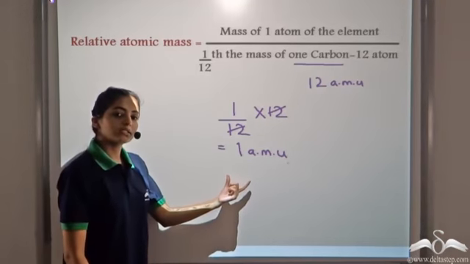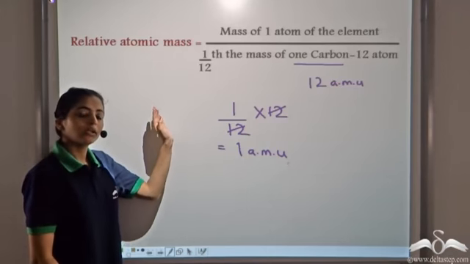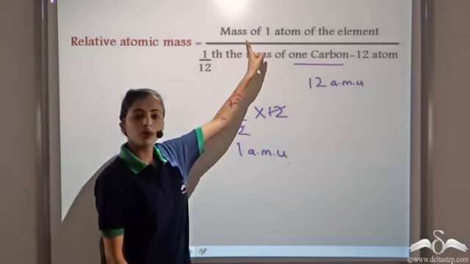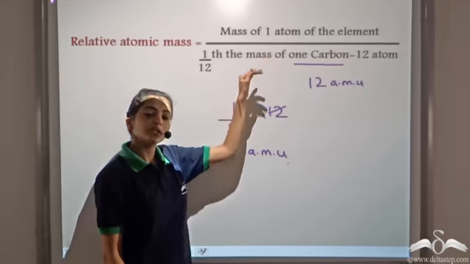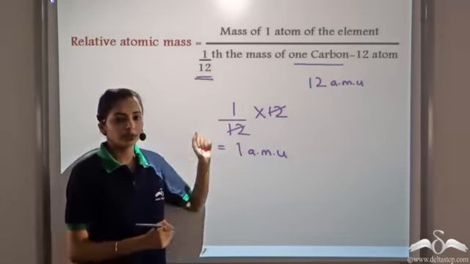So this makes it easier to calculate the relative atomic masses of the different elements, and we do that now by taking the mass of one atom of the element, dividing it by 1/12 the mass of one carbon 12 atom.